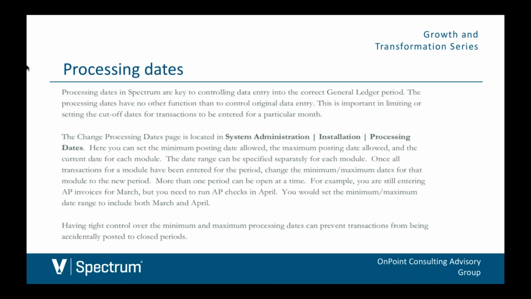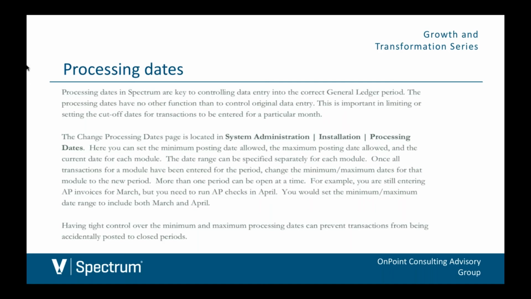The main processing dates are located in the system admin, which is at the very bottom of your listing. Then at the very top of the next listing is installation, and the first one is processing dates.